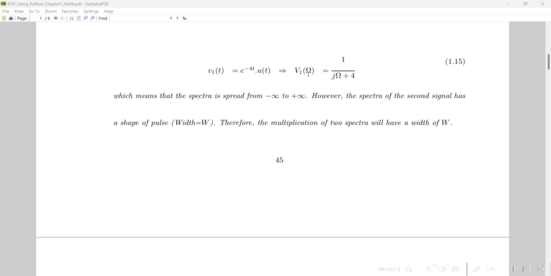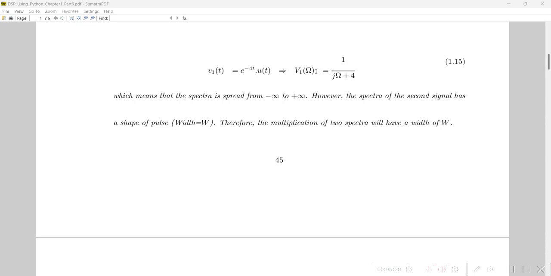We substitute S for j omega. Therefore, V1 of j omega, or V1 of omega, will be equal to 1 over j omega plus 4.